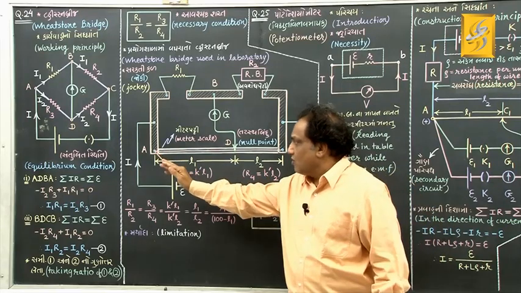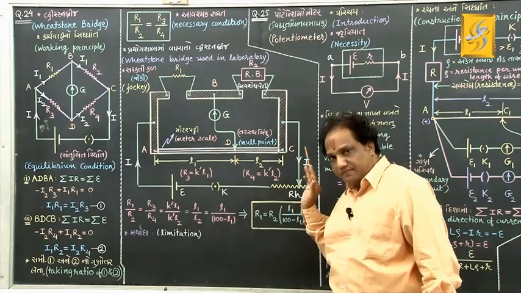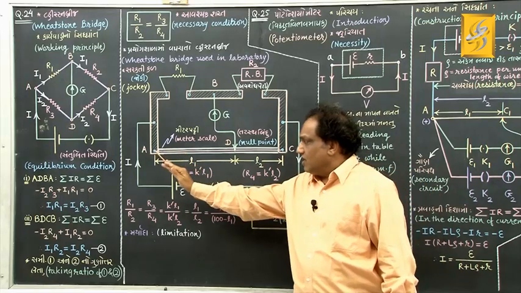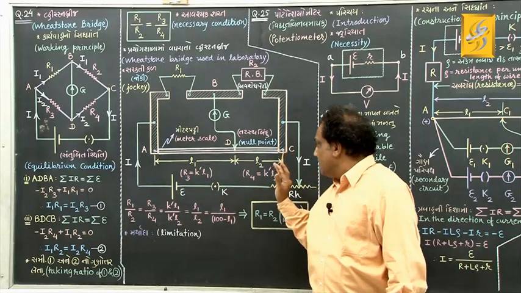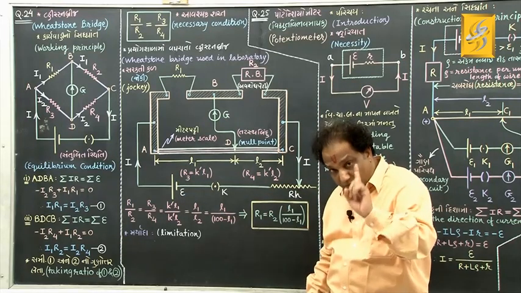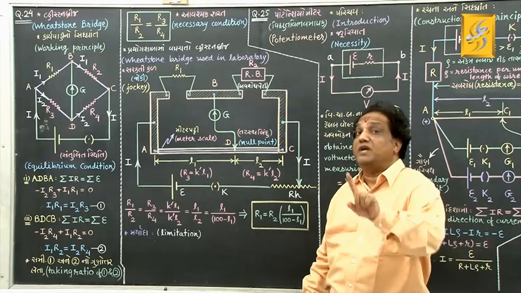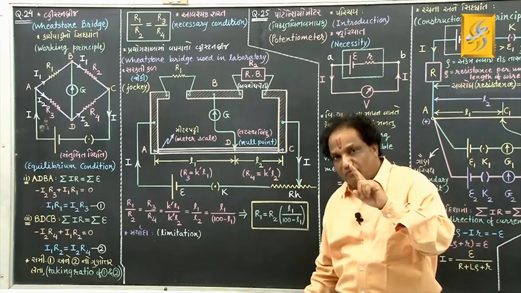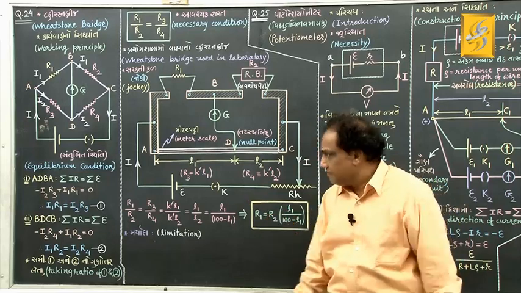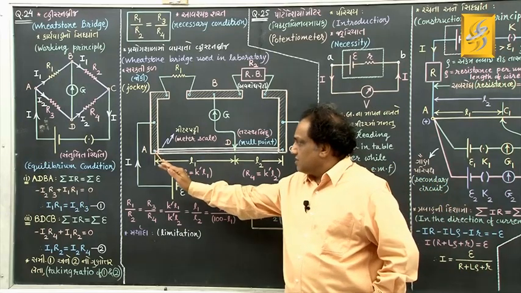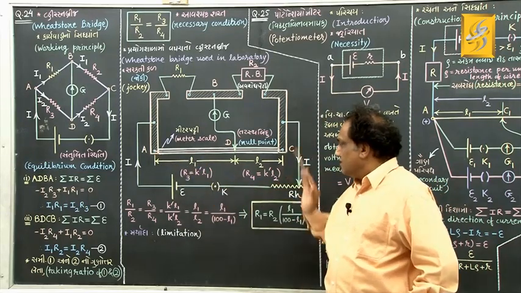It has uniform cross section throughout its length. Normally in the laboratory we have a Wheatstone bridge in which the total length of this wire is 1 meter, which is why it is sometimes called a meter bridge. Whether you call it Wheatstone bridge or meter bridge is one and the same.